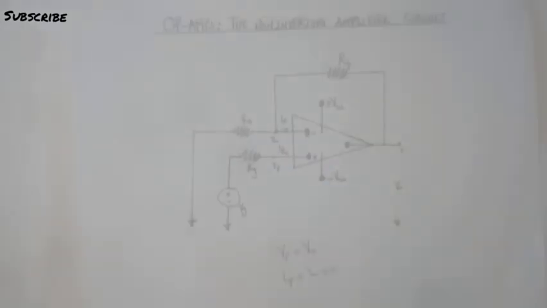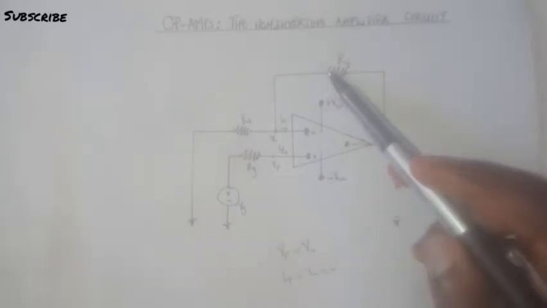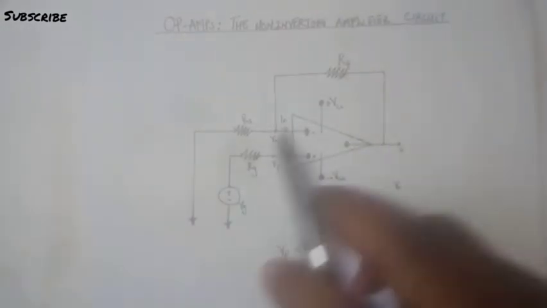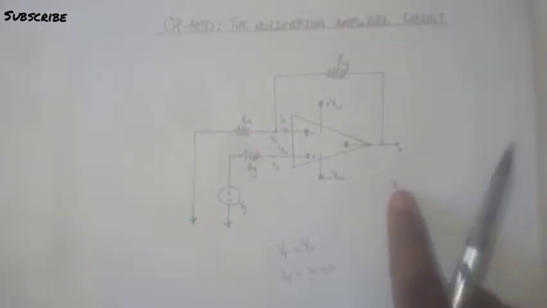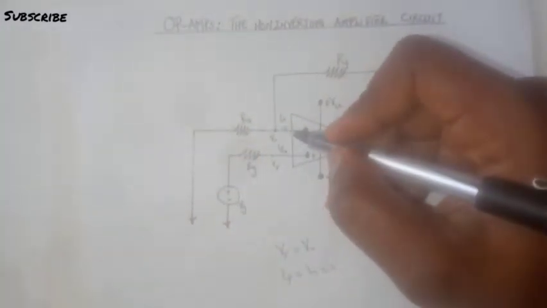So let's try to write an equation connecting V0 and Vn. What may not be apparent at first is the fact that the combination of this resistor and these two resistors and these grounds make a voltage divider, because no current flows in this direction.